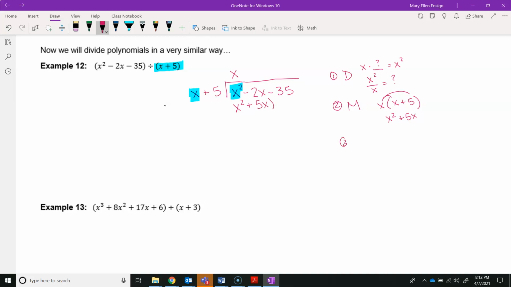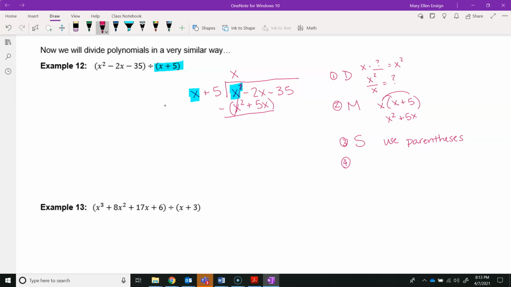Now, I want to subtract this. That means I need to put it in parentheses because I have more than one term that I need to subtract. Okay, so I actually need to subtract it now. So x squared minus x squared cancels out. When we're doing polynomial division, that first term will always cancel out.